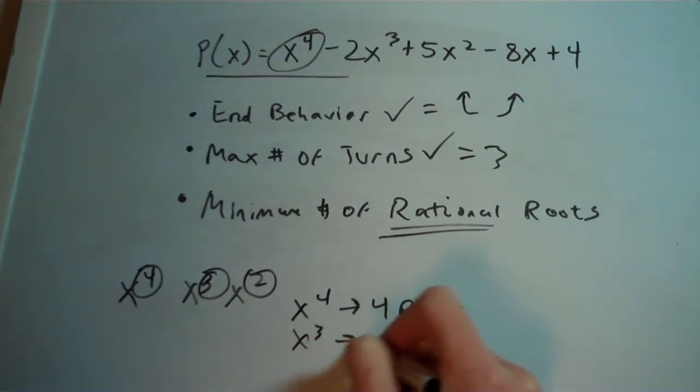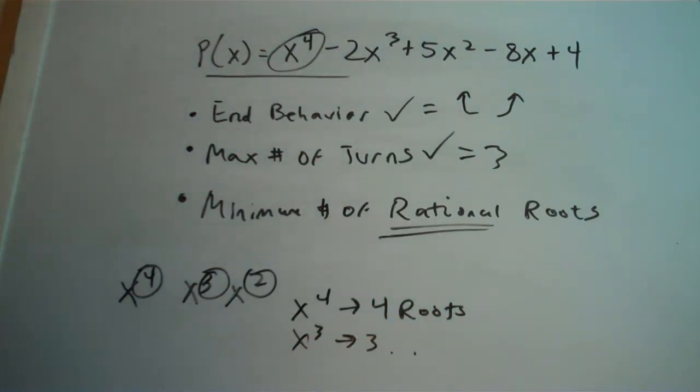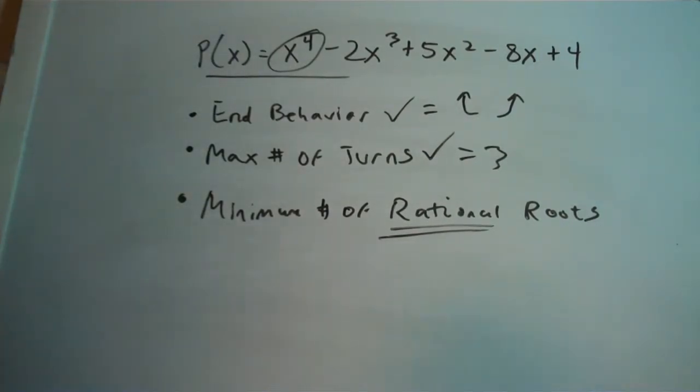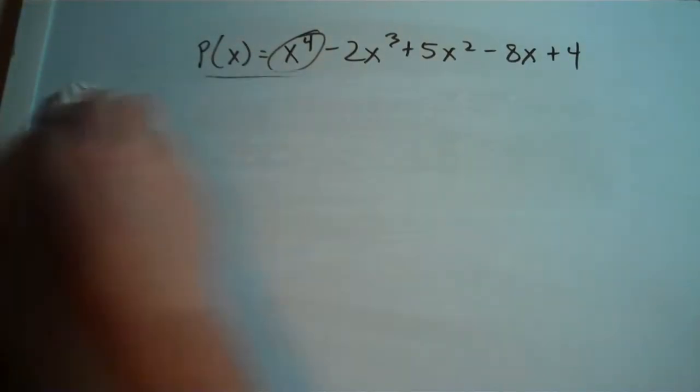X to the third, 3, etc. So that's how we tell the max number of roots. Okay. Now we're going to be looking at the domain and the range of this equation. Well, actually, we can say that for later because it'll make more sense with the range.